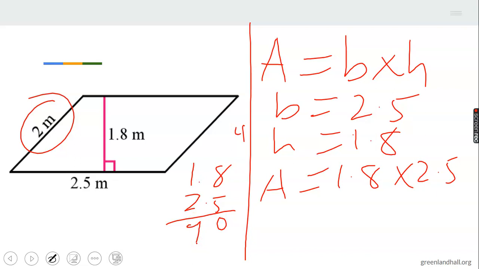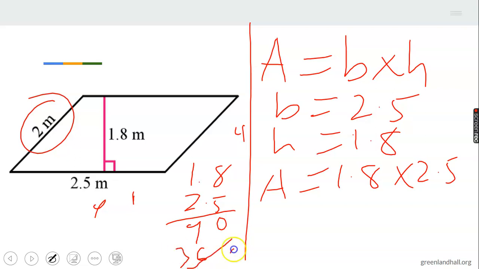2 times 8, 16. You put 6 down, carry 1. 2 times 1, 2, plus 1, 3.